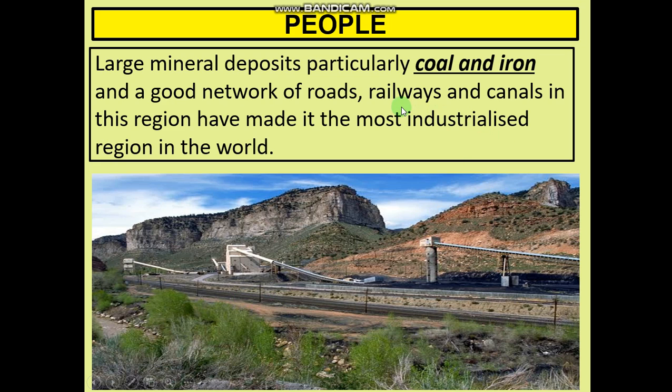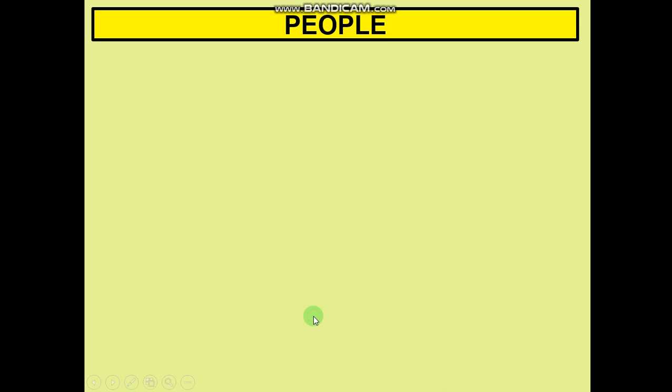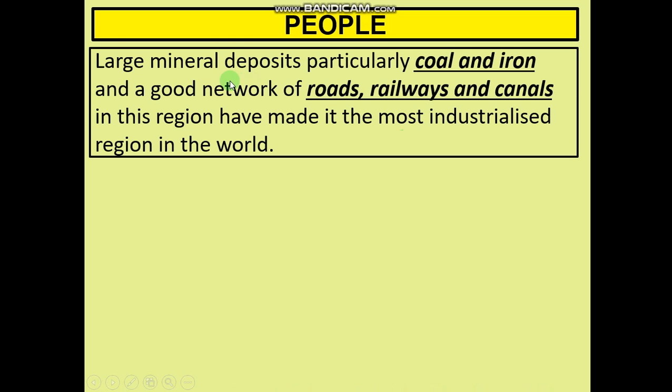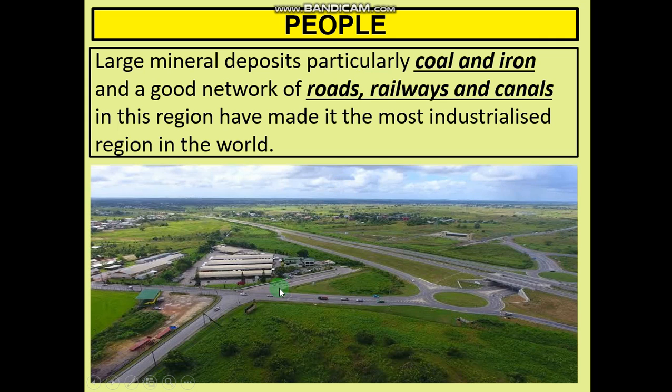And a railway network is also provided. Secondly, canals, the channels which provide them water. And industrialization of America is also at the top level. Large mineral deposits, particularly coal and iron, as you can see in this picture, also see the network of roads.